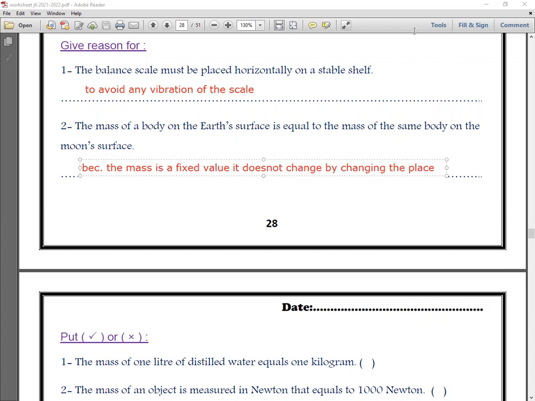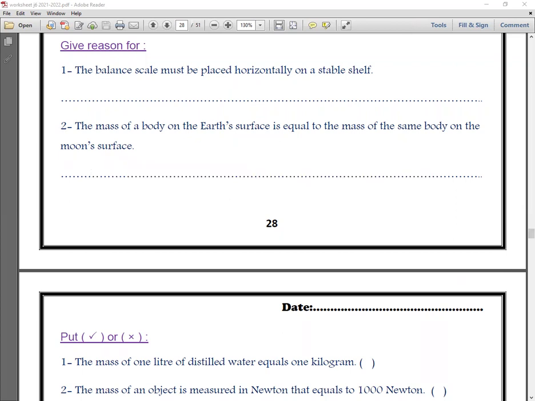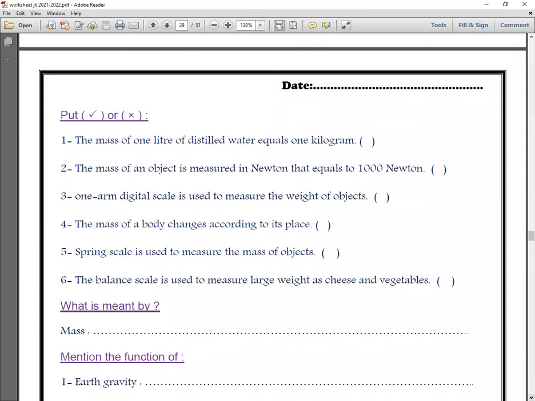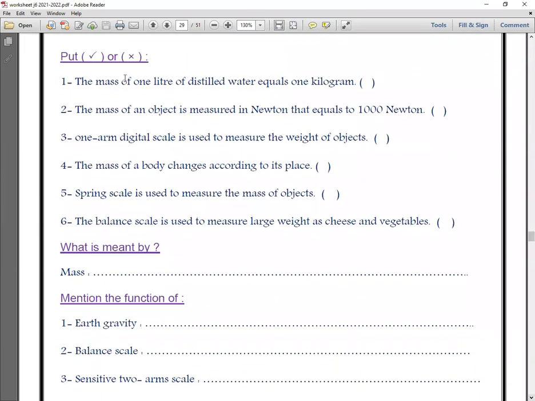Okay. Turn to page 29. Put right or wrong. The mass of 1 liter of distilled water equals 1 kilogram.